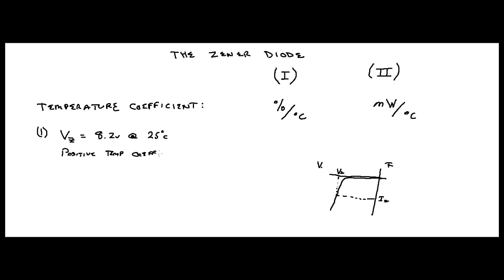Now what does that mean? That means if you draw two arrows, they're going in the same direction. That means if temperature goes up, that means your voltage is going to go up. Got it? Same thing.